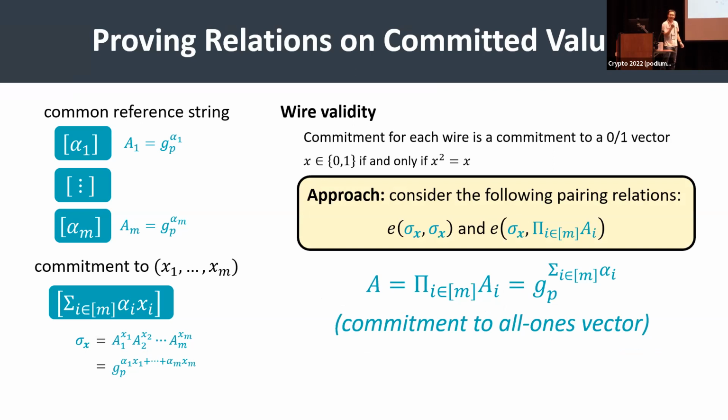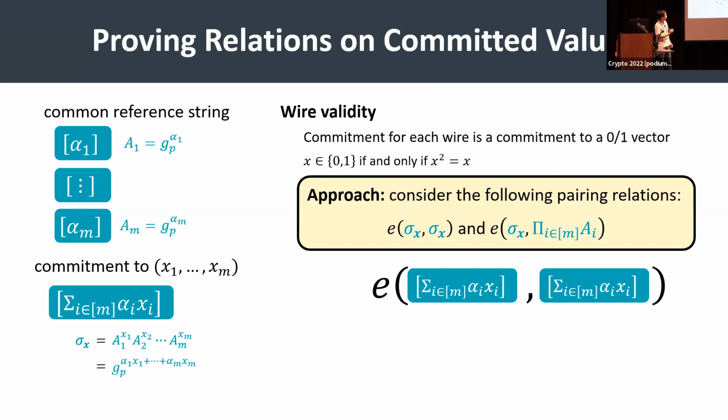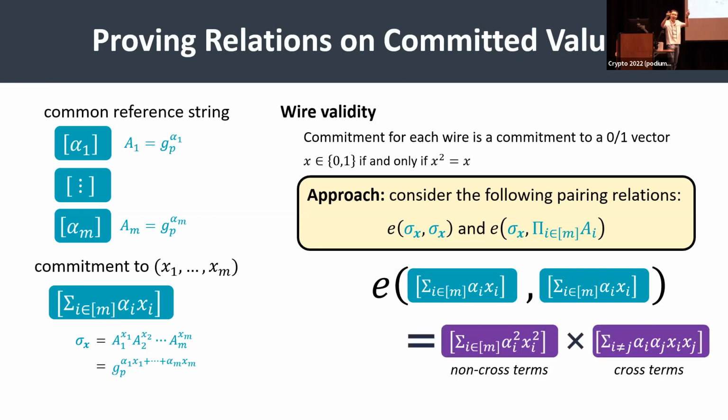Let's see why these two quantities are actually useful. Let's first expand the pairing of the commitment with itself. When I pair the commitment with itself, the commitment is a subset sum of exponents. If I pair it with itself, I'm simply going to get this quantity squared. I can expand all of these components and decompose the result into two sets of terms. One set of terms I will call the non-cross terms.